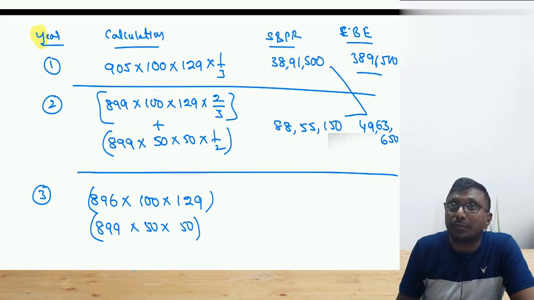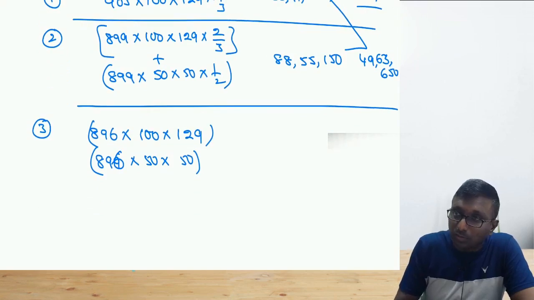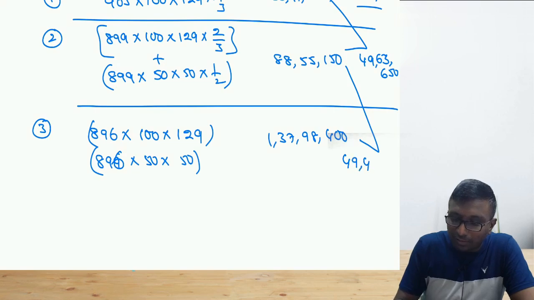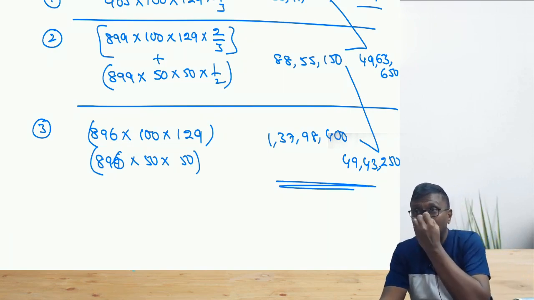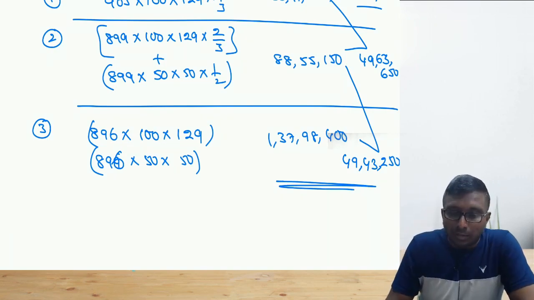How much? 1 crore 98,400. And the difference comes to 49 lakh 43,250. That's all. All of you got it, no? That's it, easy.